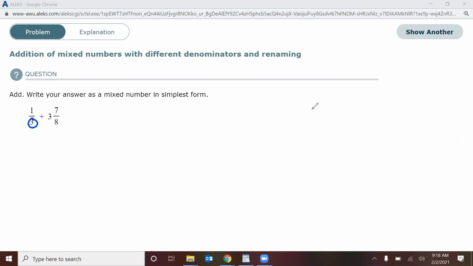One denominator is 3 and the other is 8. Therefore, the smallest number that 3 and 8 divide into is 24. Because 3 and 8 have no common factors, nothing that divides into both of them except 1, 3 times 8 will be the least common denominator.